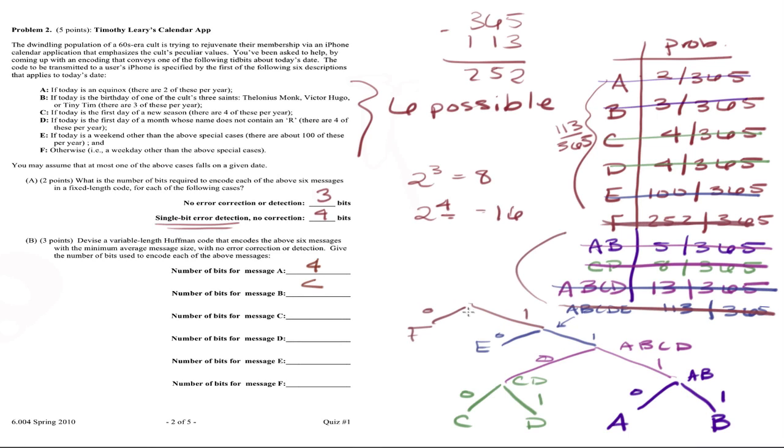Number of bits for message C, 1, 2, 3, 4. Number of bits for message D, 1, 2, 3, 4. Number of bits for message E, 1, 2. Number of bits for message F, 1. And now we're done.